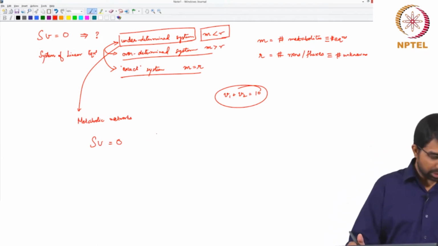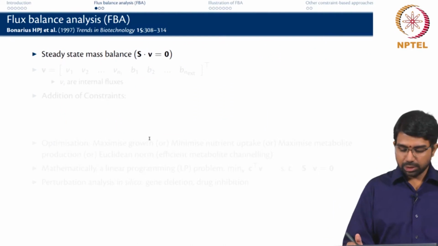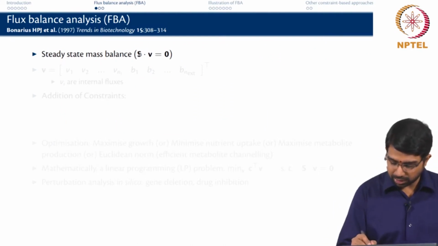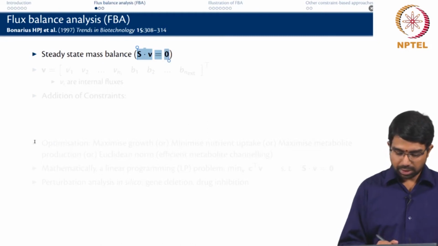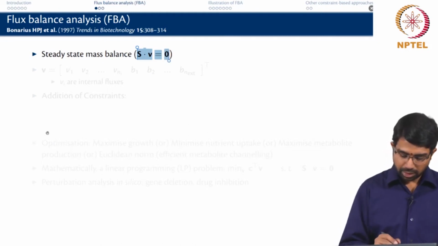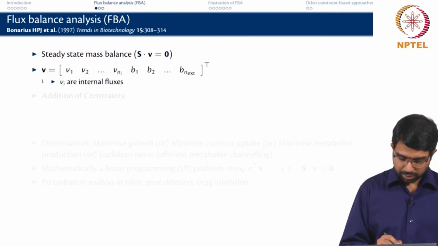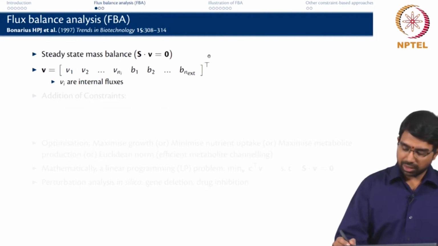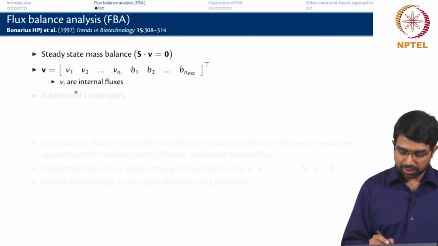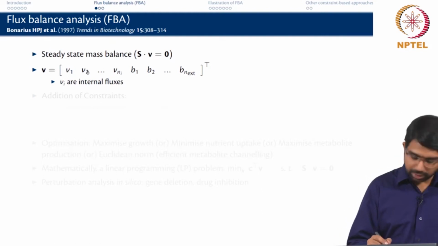So, let us just recap. We are looking at a steady state mass balance of SV equal to 0, right, and we want to look at what is V. V is the set of fluxes; I write it in a horizontal fashion with the transpose to save space on the slide.